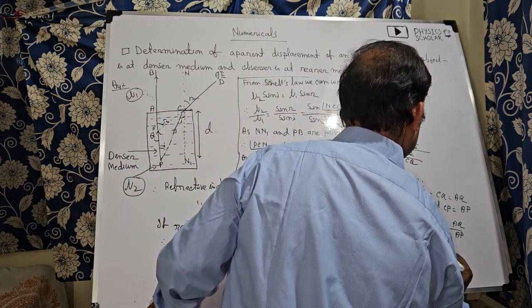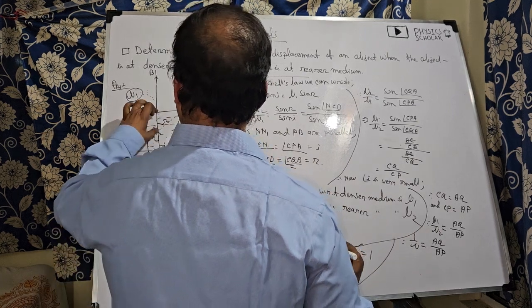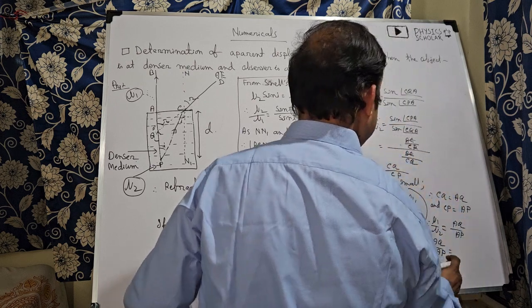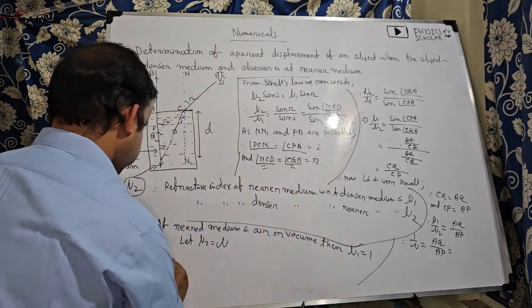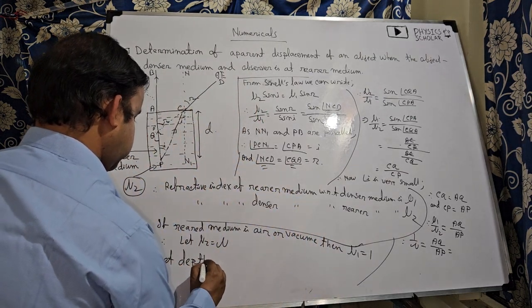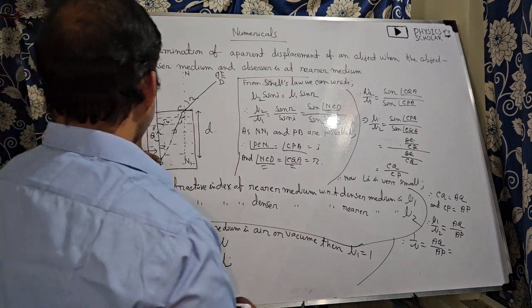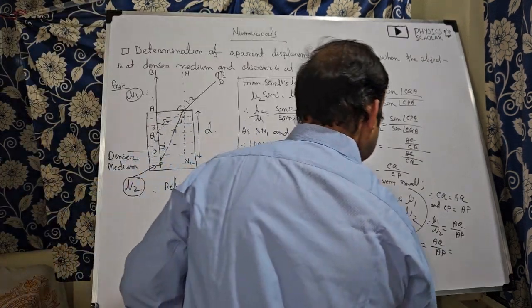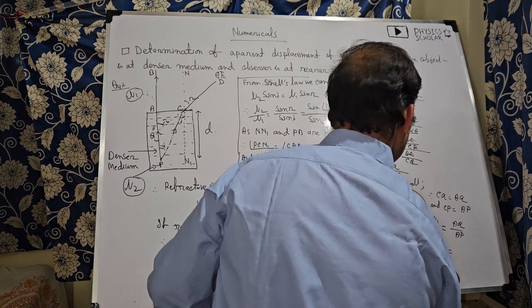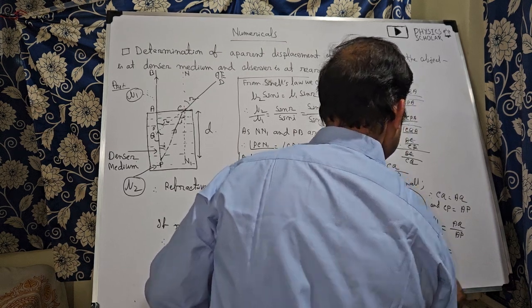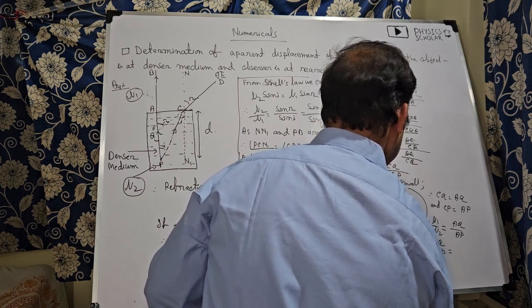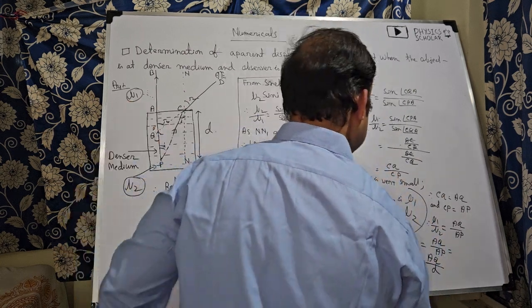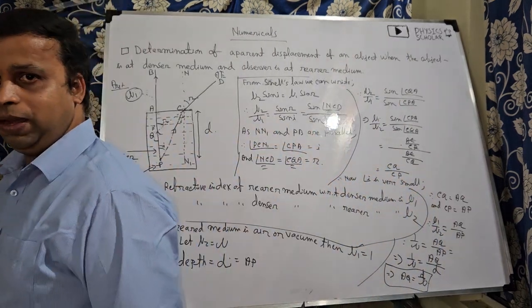Let depth be equal to d, which is AP. Therefore 1 by mu is equal to AQ by d. Therefore AQ is equal to d by mu.